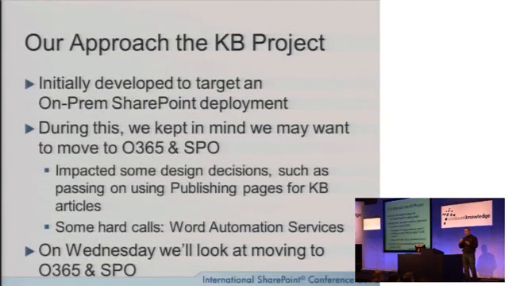We get check in, check out, the publishing infrastructure, and so on. Oh, it's fantastic, it's what we need. But that's not in 365. We'd have to scrap that entire thing and move to lists or document libraries if we wanted this to go in the cloud. So that's one decision where we said, let's not go with publishing. Some things were pretty hard calls.